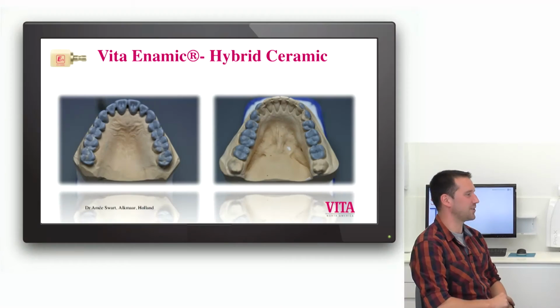I want a material that I can mill razor thin in a non-prep way, but on the other side, like a ceramic that I can bond, that looks great, like a ceramic, and that doesn't wear or debond. I don't see any other option here than using a hybrid ceramic. And as a dentist, it's fun, because see, these are all the units that we had to replace.